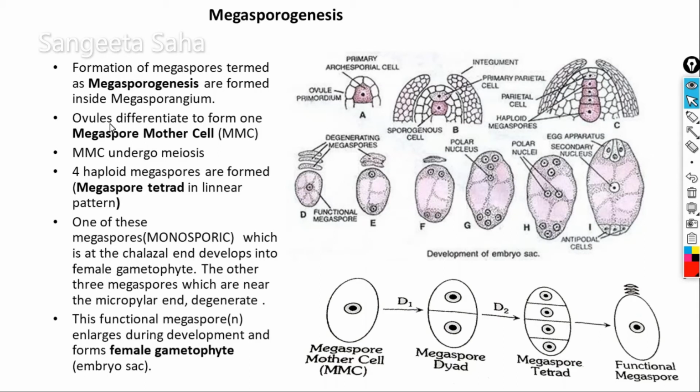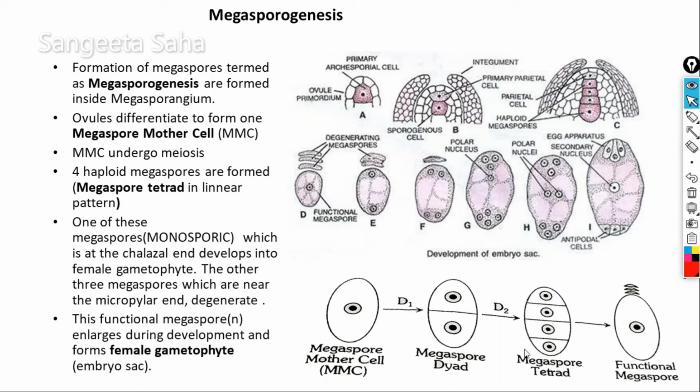Firstly, the ovule differentiates to form one megaspore mother cell. Now this megaspore mother cell undergoes meiosis, the first meiotic division. The meiotic division results in the formation of 4 haploid megaspores, and these megaspores are known as a tetrad.